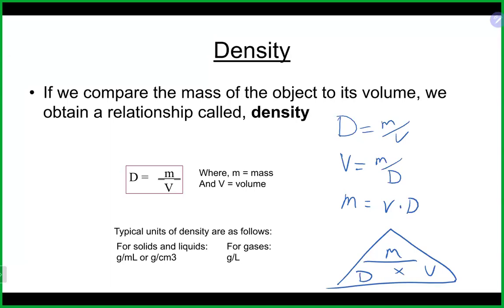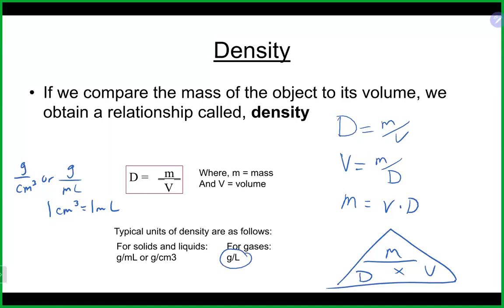And typical units, as we talked about for density, are grams per milliliter or grams per cubic centimeter. That's typically what you see with solids and liquids. Again, a reminder that 1 cubic centimeter is the same as 1 milliliter. So again, they are the same. For gases, typically density is given to you in grams per liter.